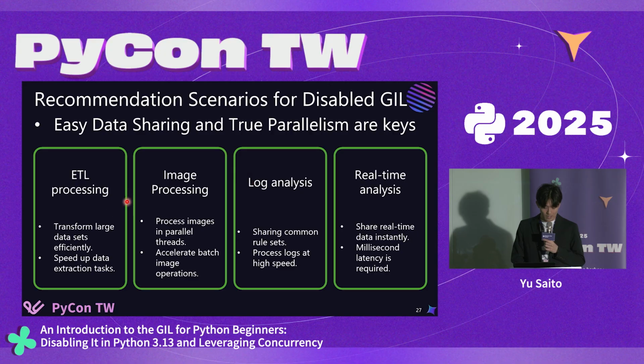For example, ETL processing, image processing, log analysis, and real-time analysis. All of those scenarios require both easy data sharing and high-performance computing. Therefore, I encourage everyone to disable the GIL in these scenarios.